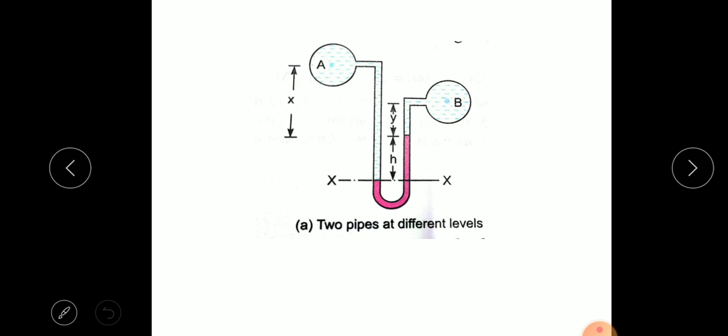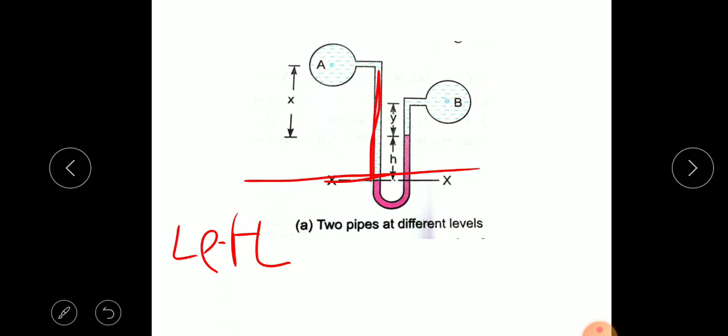So we can consider the left side, if you consider the datum line as XX. On the left side there is only the fluid for which we have to measure the pressure.